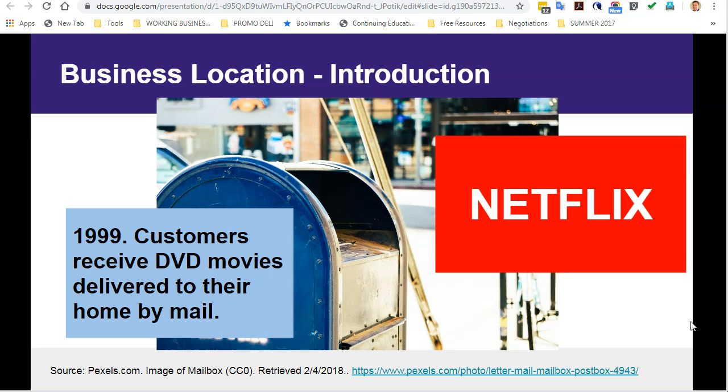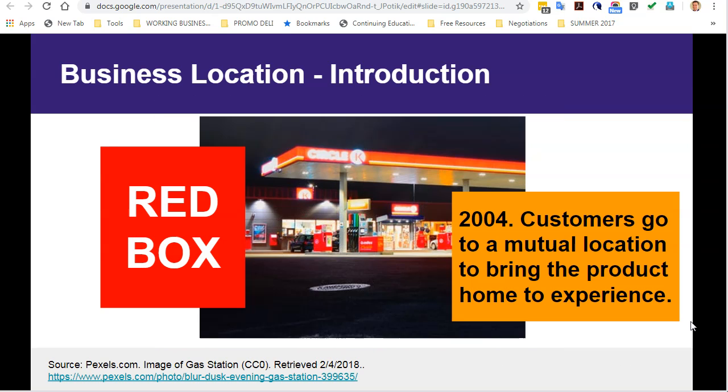They would send you in an envelope a DVD with your favorite movie. You could watch it at home, and thus this stopped you having to go to a retailer. You were going almost straight to the producer, but Netflix would be the business in between the producer that made the movies. They would allow Netflix to distribute copies of the movies straight to the customer, right?